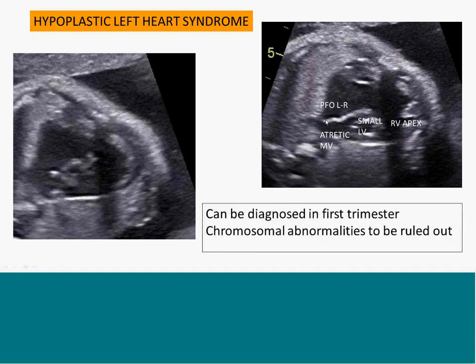Hypoplastic left heart, like atrioventricular septal defect, is an entity which can be diagnosed very early. It can be diagnosed in the first trimester when the NT scan is done, and that gives an opportunity to rule out chromosomal abnormalities. The presence of mitral regurgitation, the size of the ascending aorta and the aortic arch would decide the long-term future, including the flow across the foramen ovale.